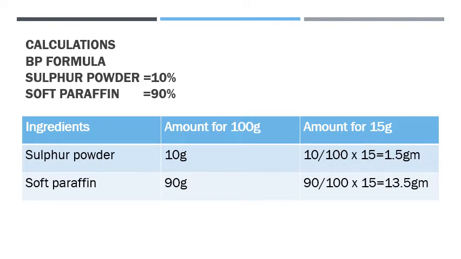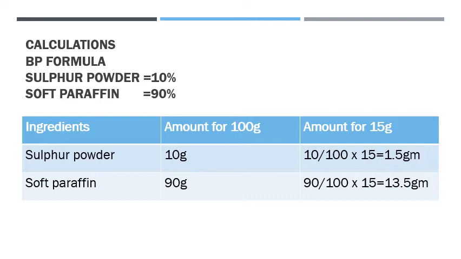Pharmacopoeias are books in which the doses and formulas required for preparing different drugs are given. Pakistan also has its pharmacopoeia, known as the Pakistan Pharmacopoeia, and America has the American Pharmacopoeia.